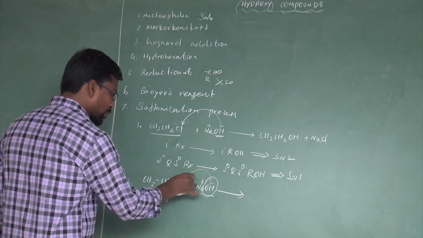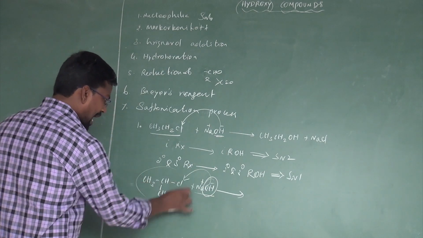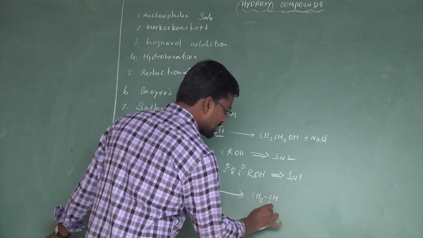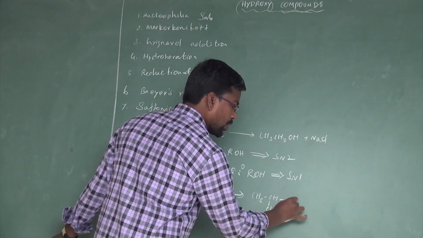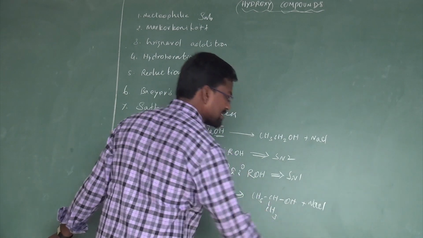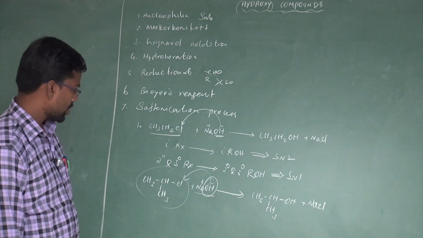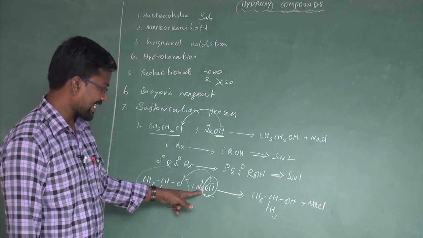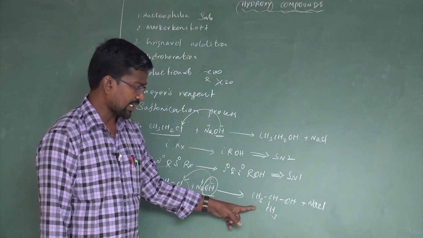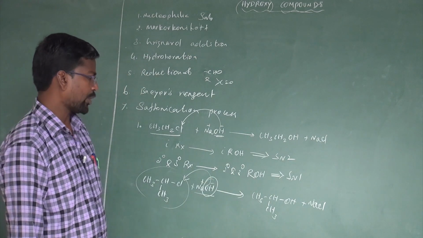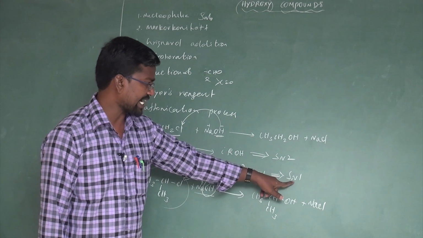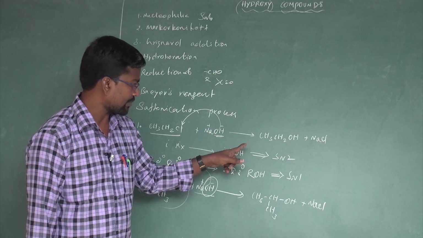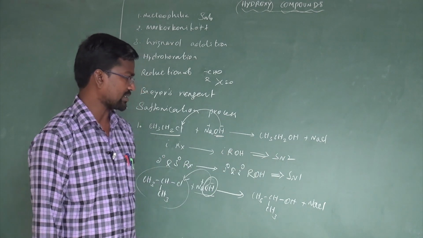The nucleophile substitutes in the place of chlorine in isopropyl chloride to form isopropyl alcohol, (CH3)2CHOH plus NaCl. So isopropyl chloride or tertiary butyl chloride reacts with sodium hydroxide to form isopropyl alcohol or tertiary butyl alcohol, following the SN1 reaction. Primary alkyl halide converted into primary alkyl alcohol follows the SN2 reaction.